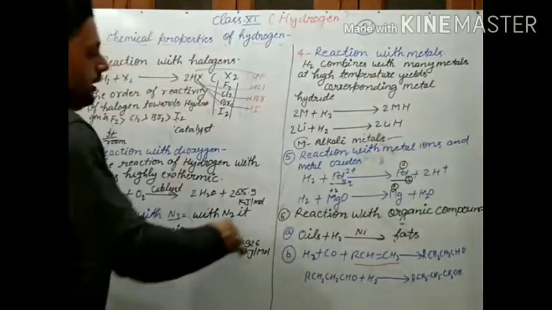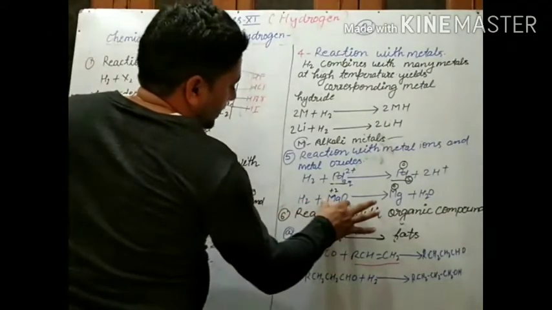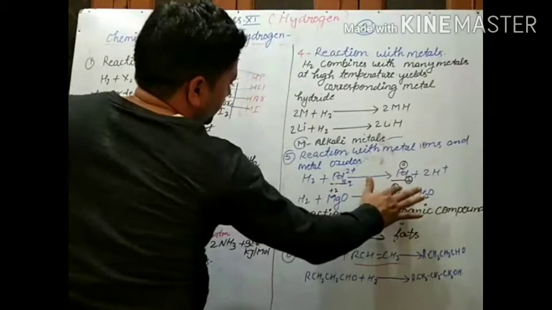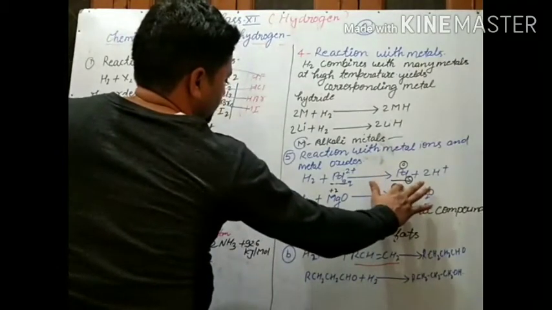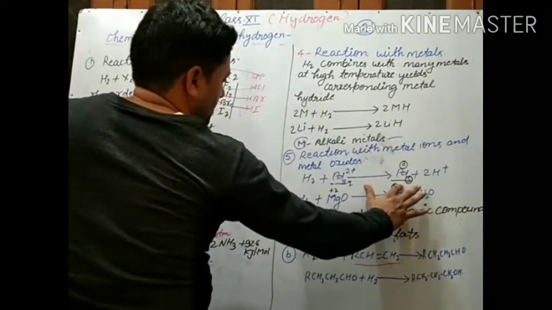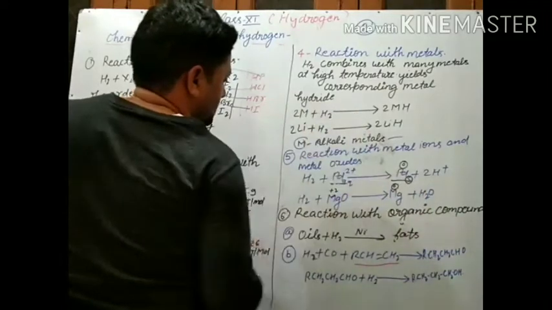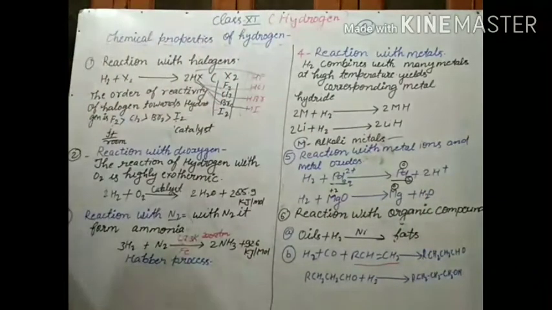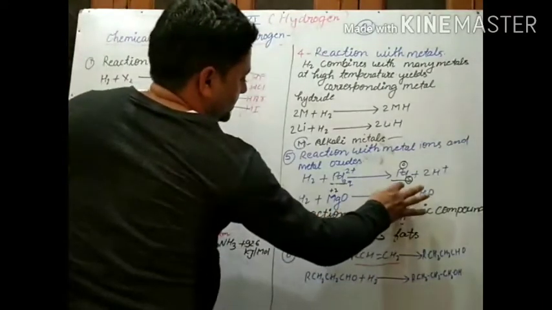And here is metal oxide. Here the oxidation state of Mg is +2, and in free state the oxidation state is 0.